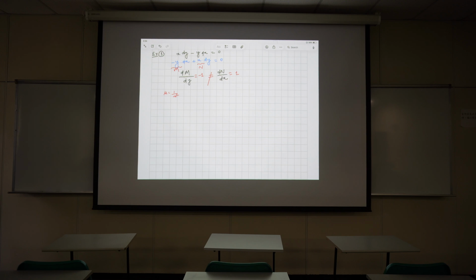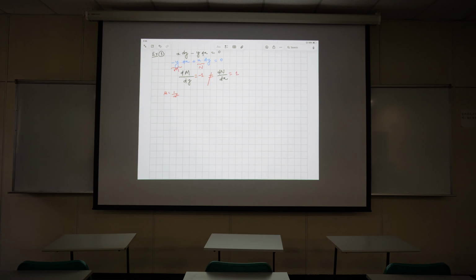Actually, there are many ways to figure out the integrating factor. One is the method of inspection. When you practice many problems, you can easily figure it out by looking at the problem: oh, for this problem, I think this will be the integrating factor.